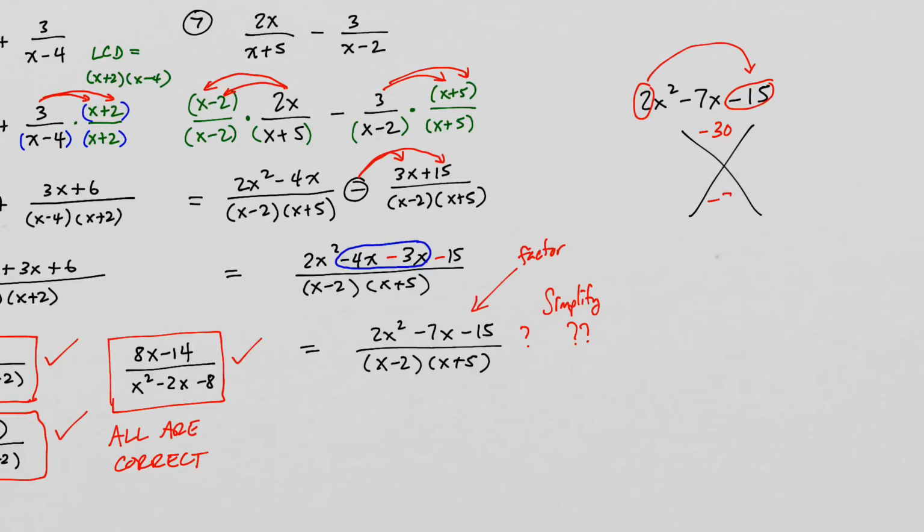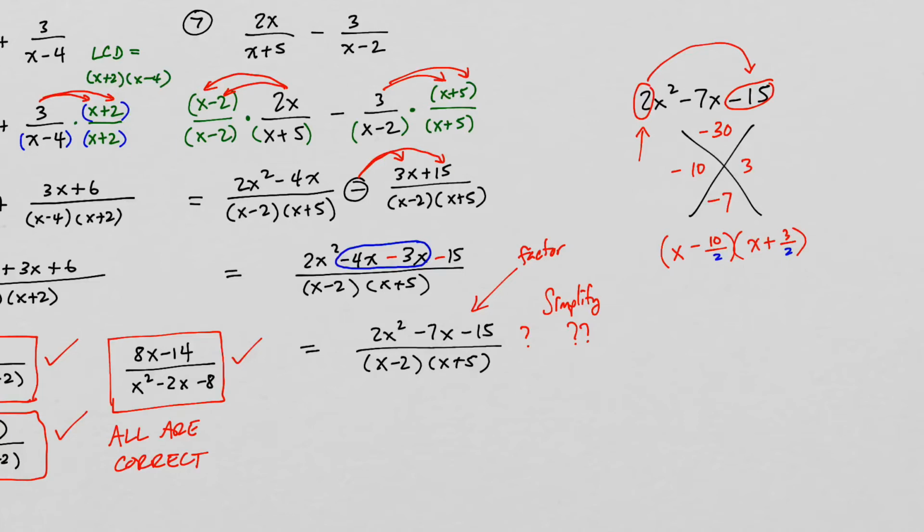We're going to write down the middle number there, which is negative 7. And the two numbers that multiply to give you negative 30 and add to give you negative 7 are negative 10 and 3. And that means that the factorization here is x minus 10 divided by the leading coefficient, which is 2, and the other factor is x plus 3 divided by the leading coefficient, which is 2.